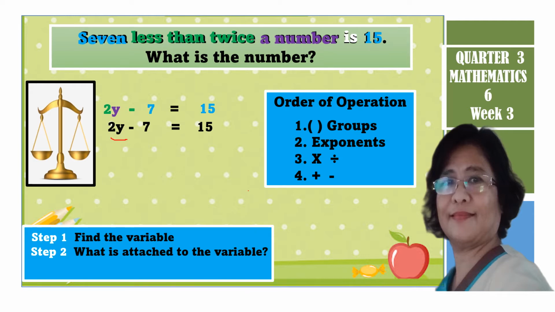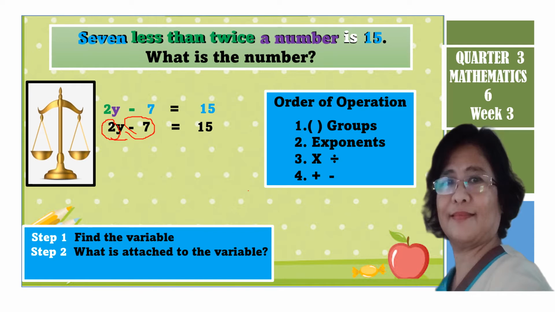So here, dito, may dalawang number na ka-attach sa variable. Meron tayong minus 7 and 2. So the first is subtraction, the second is multiplication. So we have to undo the order of operation.